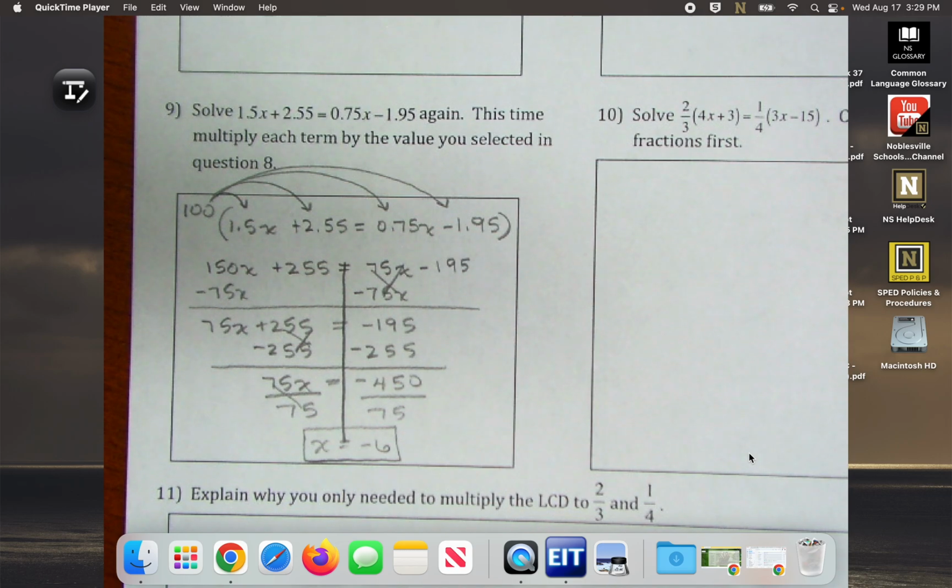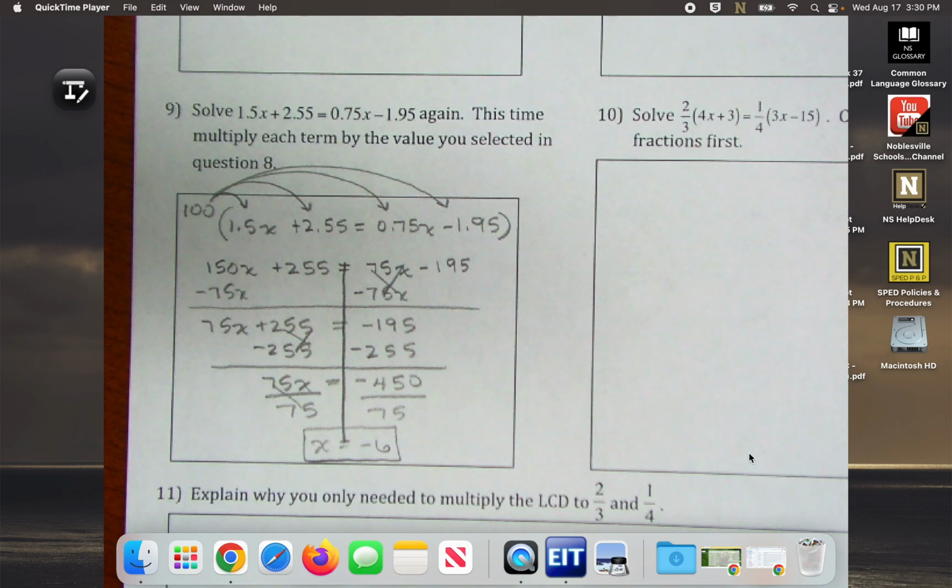I subtracted 150x instead of 75x, so you got a different answer.